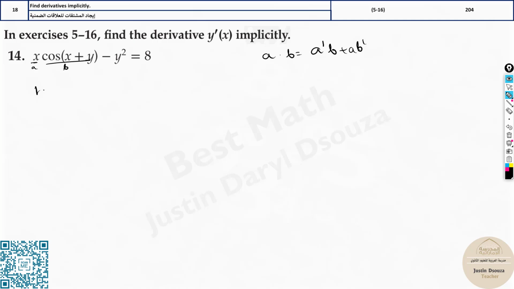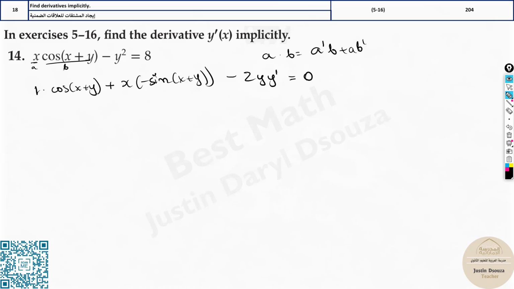It will be 1 times cosine(x + y), added to x into, what is the derivative of cosine? It is minus sine(x + y). Hope this is clear. Then the derivative of minus y squared would be minus 2y y prime, equals the derivative of a constant, which is 0.